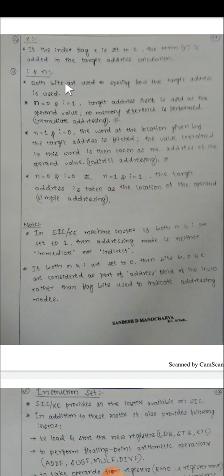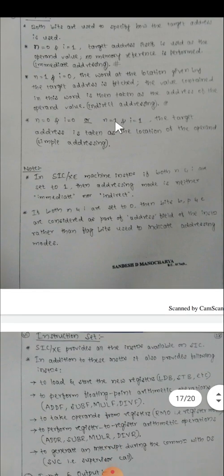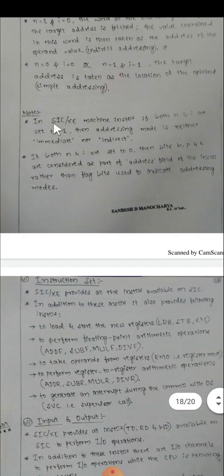If I is 1 and N is 0, then it is immediate addressing, and the operand will be prefixed with a hash symbol. Then if N is 1 and I is 0, then it is indirect addressing mode, and that operand will be prefixed with the @ symbol. If both of them are 0 or 1, then it is simple addressing.